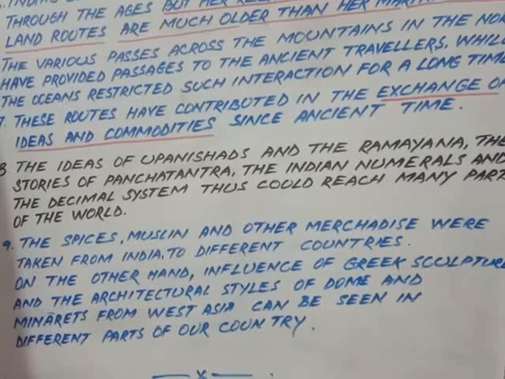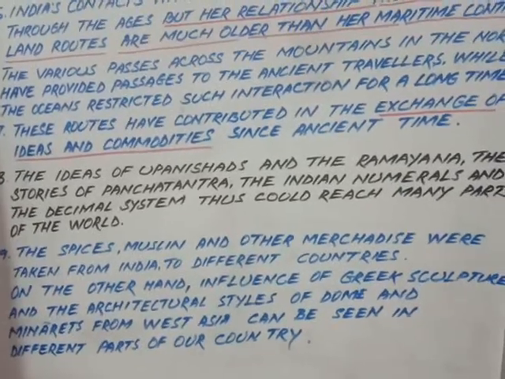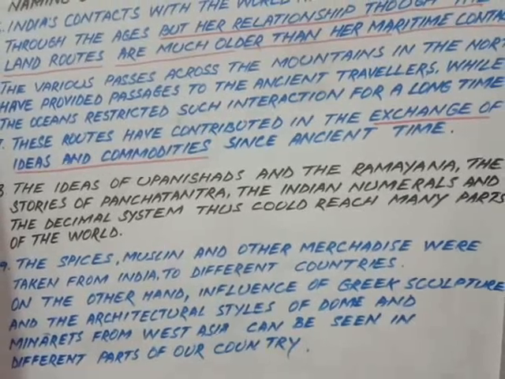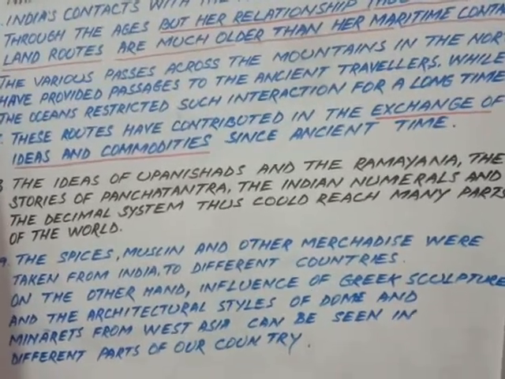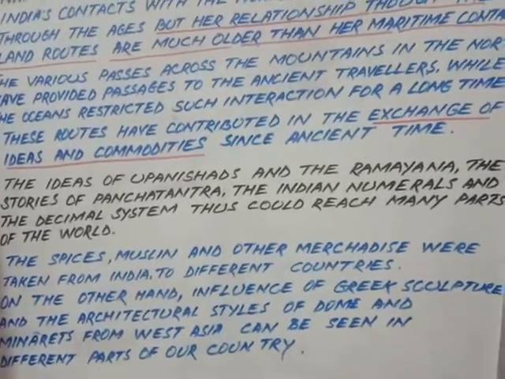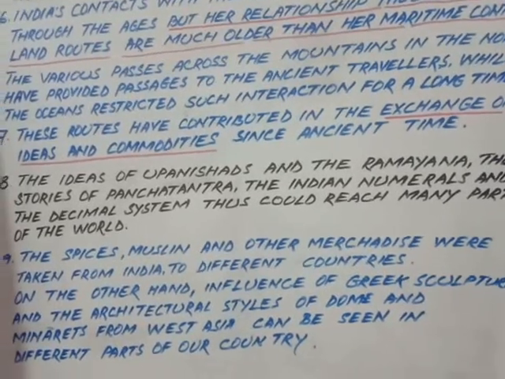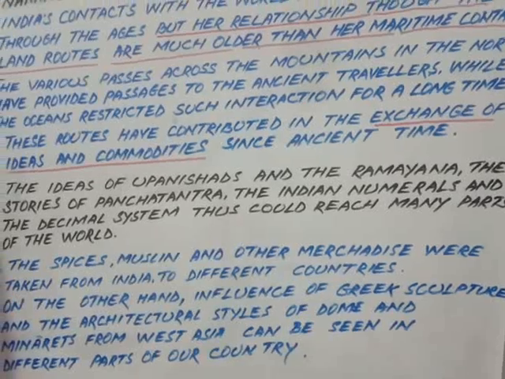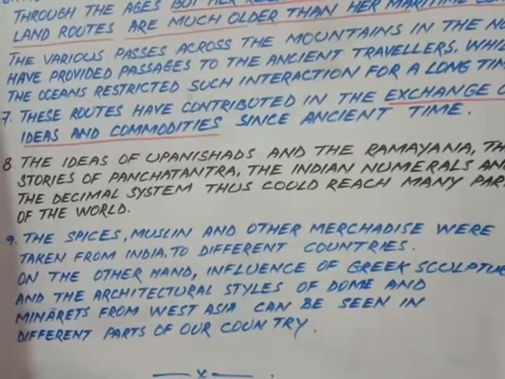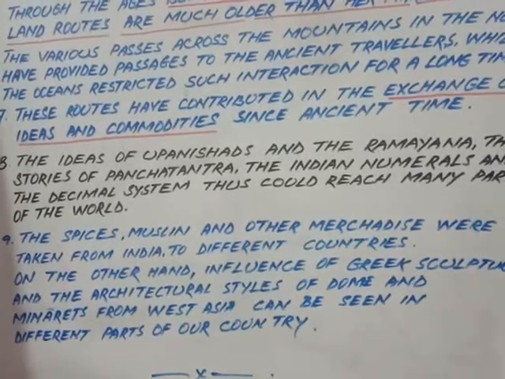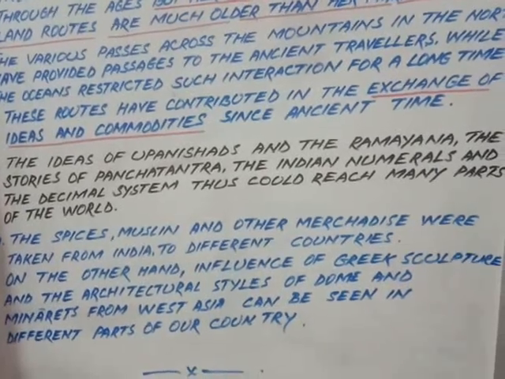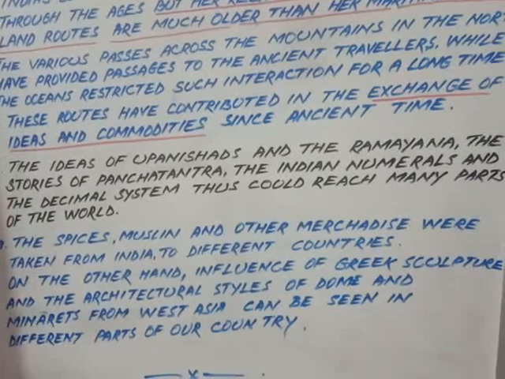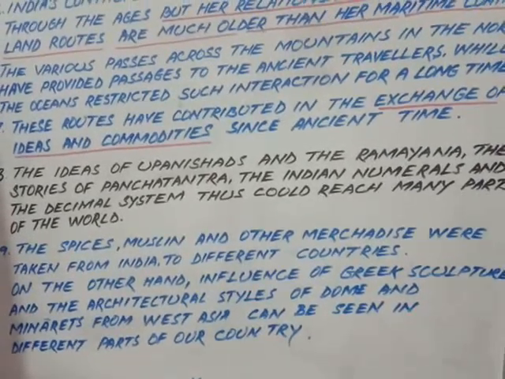The spices, muslin, and other merchandise were taken from India to different parts of the world. India is a country of spices. Muslin is a special quality of silk, and these were traded from India to different countries. On the other hand, the influence of Greek sculpture and architectural styles of domes and minarets from the west can be seen in different parts of our country.